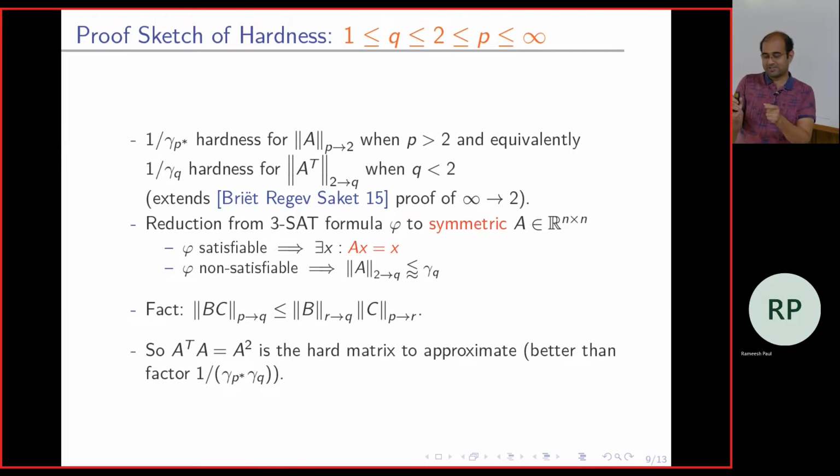It concentrates like gamma p times the norm of the vector, and that only works for p when it's bigger than 2. Like the type thing? Yes, exactly. It's the type thing. It's exactly for that reason this works. It would be great if we could bypass it somehow, but we just don't know how to do it.